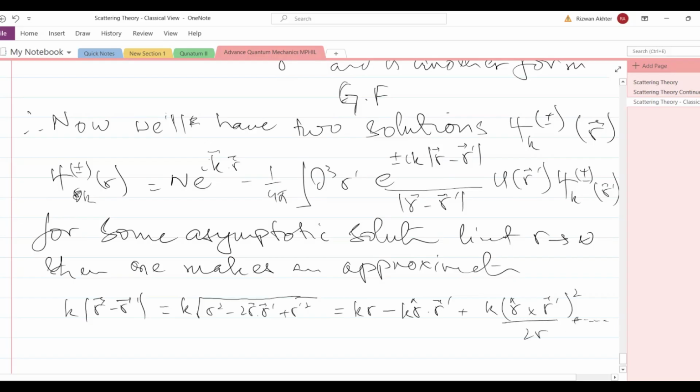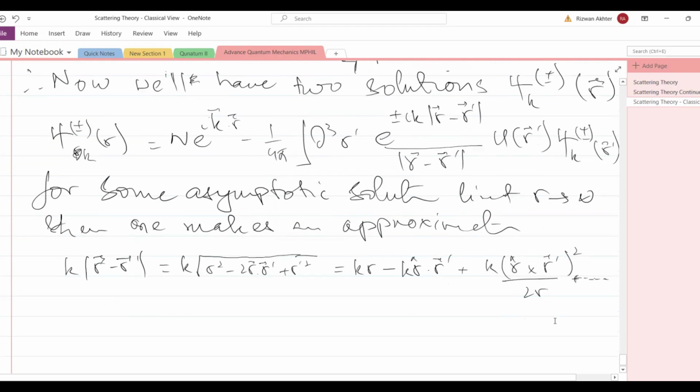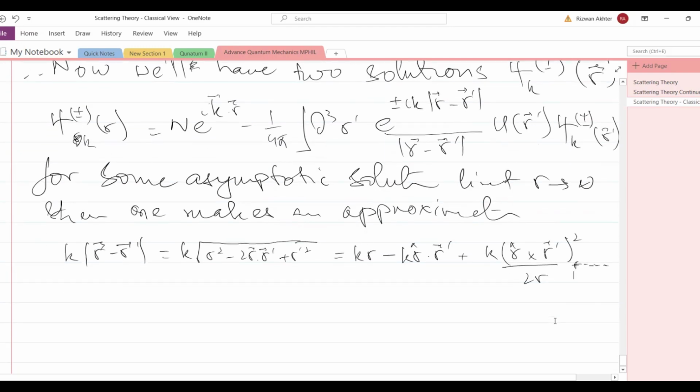Now the approximation is that we keep the leading terms, keeping only the first two terms, which is like the dipole approximation. So similar to dipole approximation, let's take just two terms, first two terms in the exponential, and only the first term in the denominator. So for the case of exponential, we take only the first two terms, and for the denominator, we take just the first term.